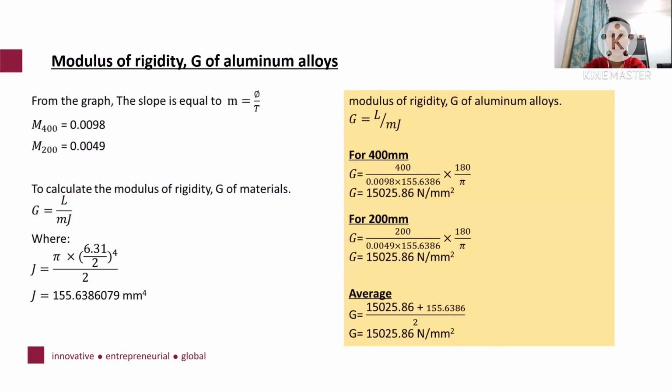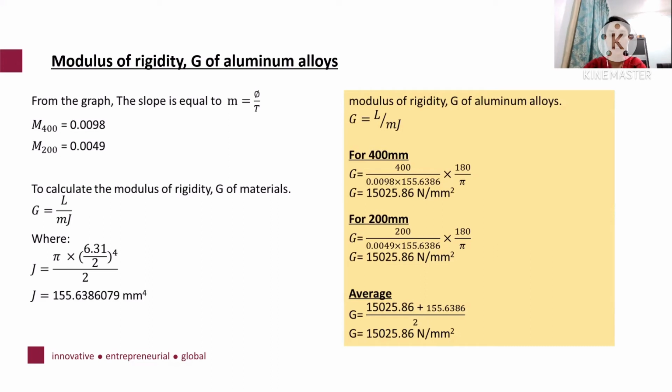For the aluminum alloy rod, the diameter is 6.31, so we just insert the value to calculate the polar moment of inertia, and we got the J value as 155.638 millimeter. After that, we substitute the value in the given formula, which is G equals length over slope times J.